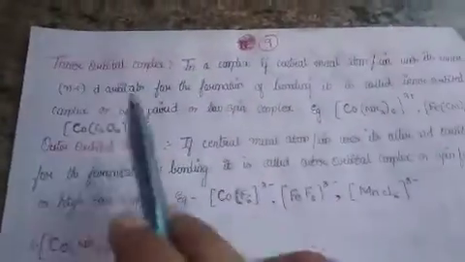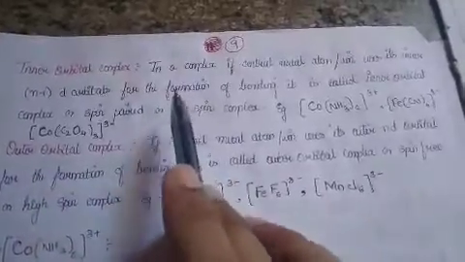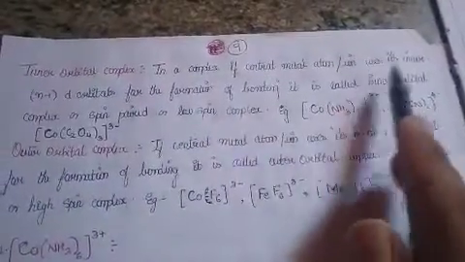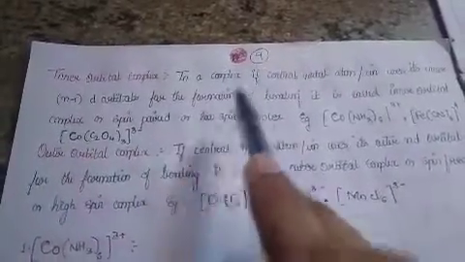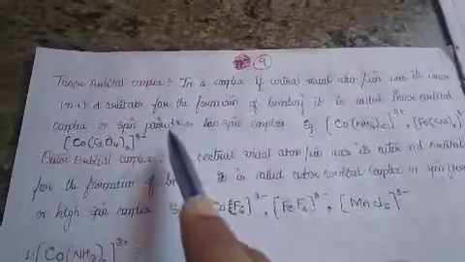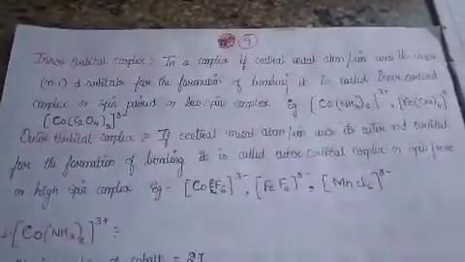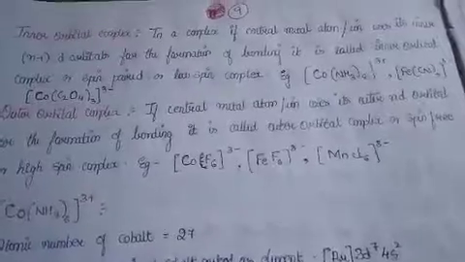First of all, what does inner orbital complex mean? In a complex, if the central metal atom or ion uses its inner (n-1)d orbitals for the formation of bonding, it is called an inner orbital complex, or spin paired or low spin complex. You will be able to see this in our next examples.